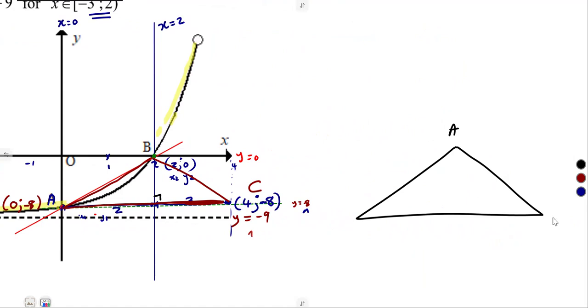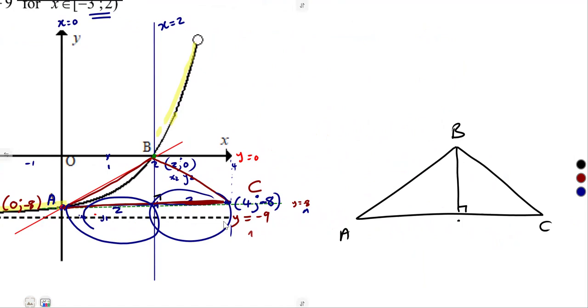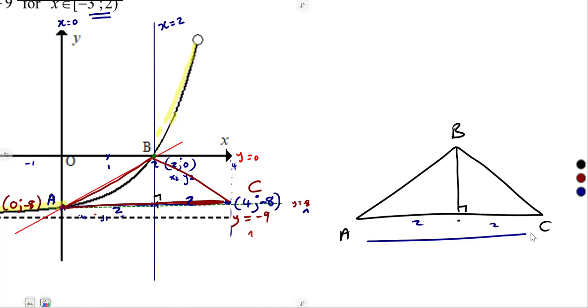This is A, this is B, this is C. This is a perpendicular height from B to this point. Remember, from A to x is equal to 2 is 2 units. This one also 2 units. Same distance, 2, 2. So 2 plus 2 gives us how many units? 4 units. From A to C, we have got 4 units.